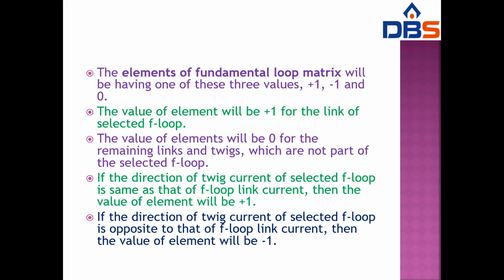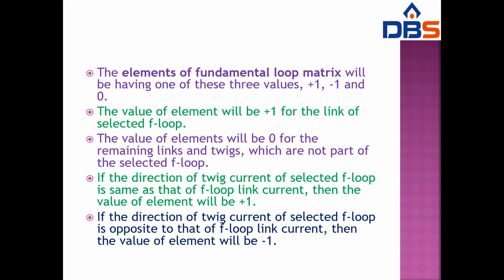When the loop starts from the link and goes to the second twig and the third twig, if the loop direction and the element direction are the same, then put it as positive, whether it is a link or whatever it may be. If the element direction and the loop direction are opposite, then it is minus 1. If it is not related, then it will be 0.